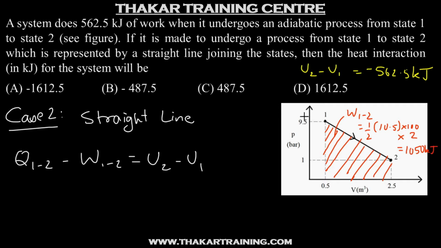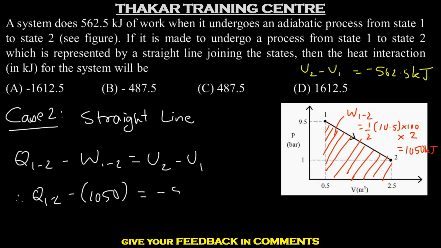So this is W12. So we can come to this equation again. So we will have Q12 minus W12, where W12 we have got as 1050. Now will this be positive work or negative work? Here we are moving from left to right, so this area is going to be positive. So this is a positive work done. So Q12 minus 1050 is equal to U2 minus U1, which is minus 562.5 kilojoules.